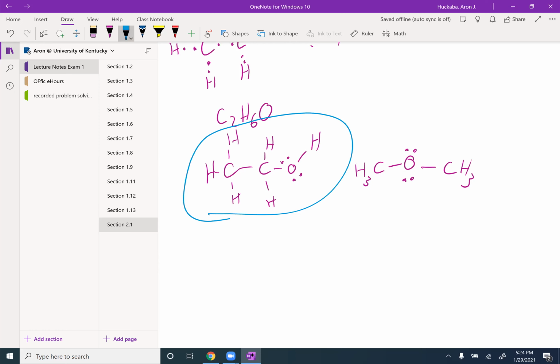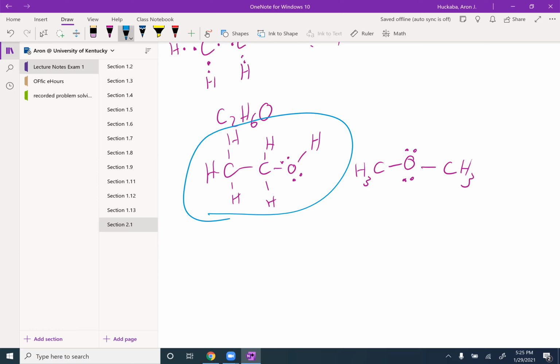A Lewis structure gives you all of the information. You see a Lewis structure and you can know which carbon is bound to which other carbon, which hydrogen is bound to which carbon. You can see all the bonds and all the lone pairs there. But the downside is that it takes a long time to draw. As I said before, it's not so nice to have to draw Lewis structures everywhere.